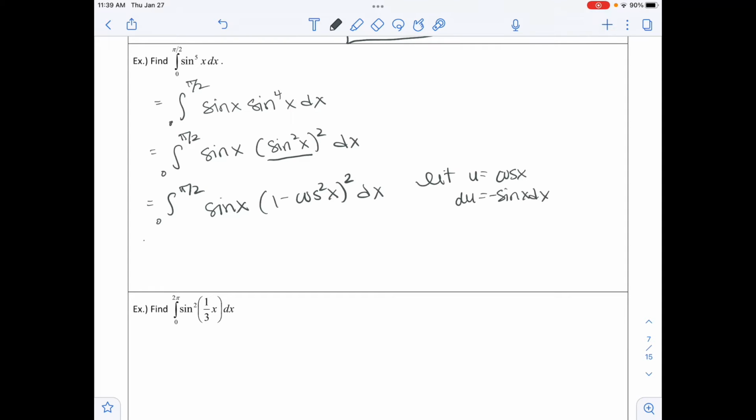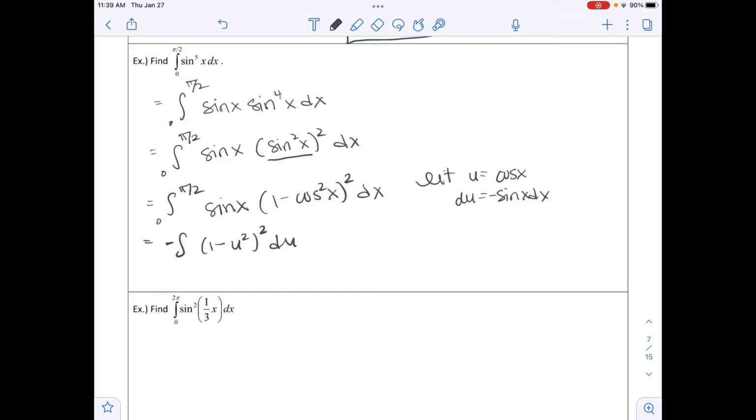And so we're going to have the integral of, and it's negative, I'll put the negative out in front, and sine x dx is just du, and then 1 minus u squared squared du.